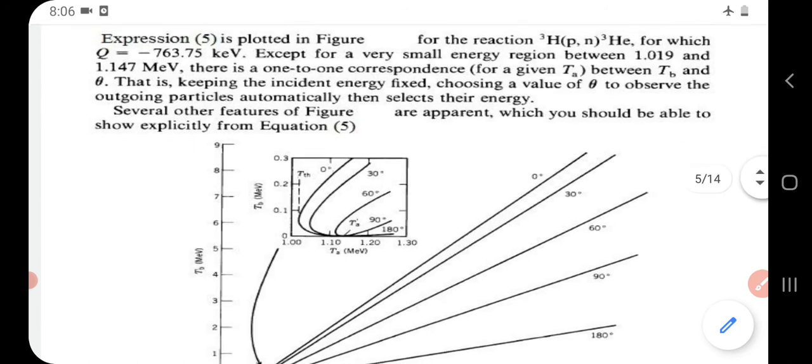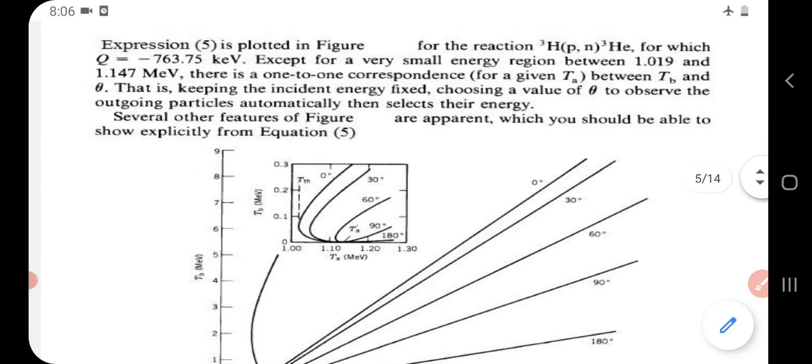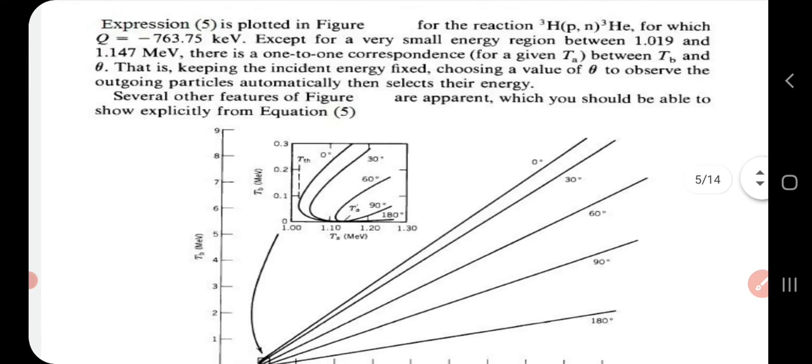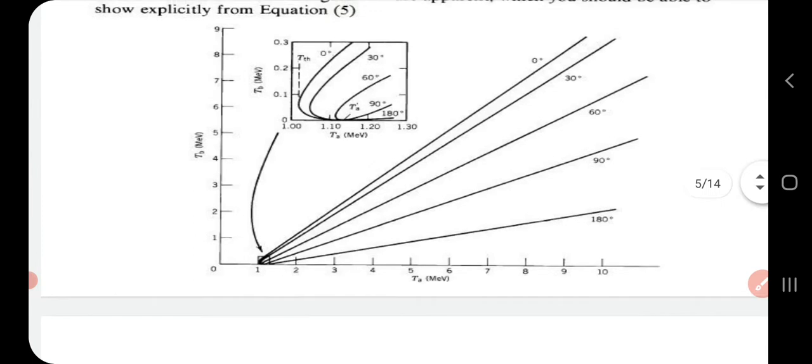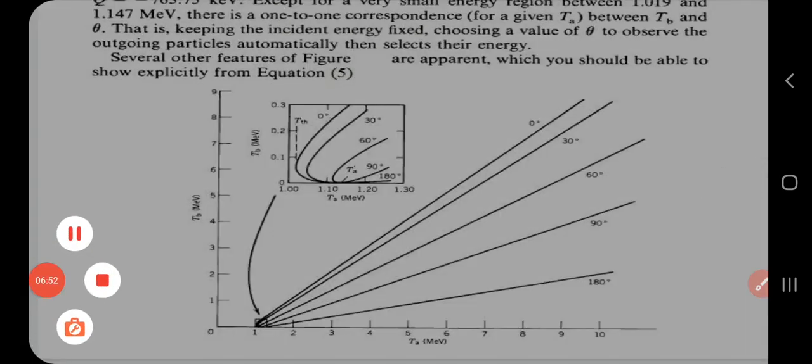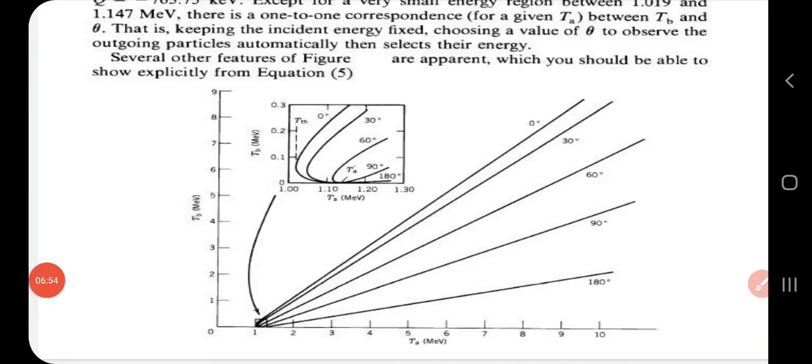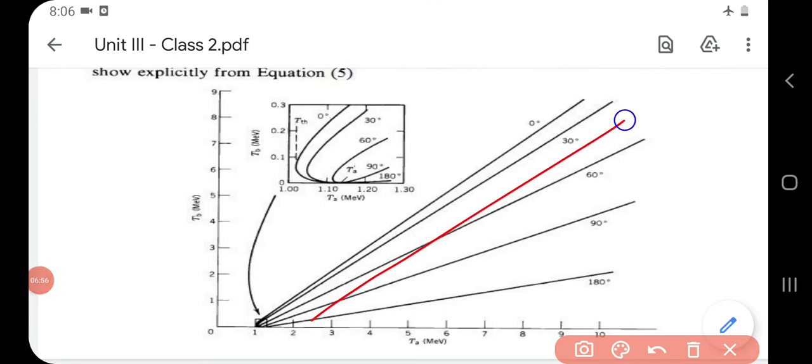Here you can see two regions. There is a double sided region you can see, that is, here you can see a figure, and at the same time in this portion itself there is another outcome that is shown in this inset.